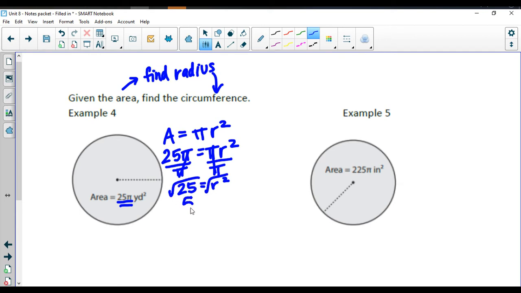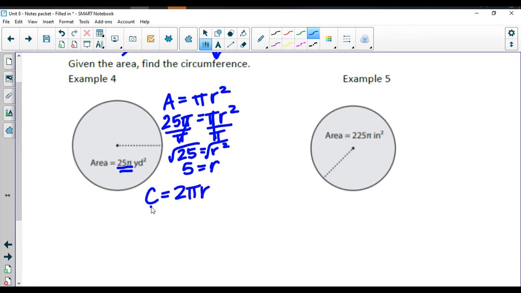Taking the square root, 5 is my radius. So now to use that, circumference is 2 pi r. So my circumference is equal to 2 times pi times 5. And that'll give me 10 pi, which is approximately 31.4 if I'm changing it to a decimal. My units here were yards squared for area, so my radius would have been yards. So my circumference is just yards.